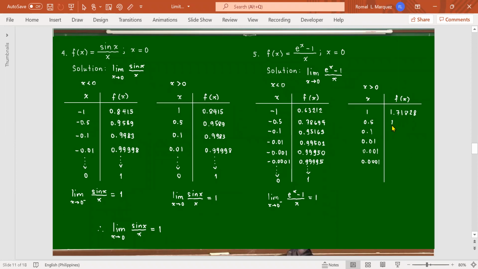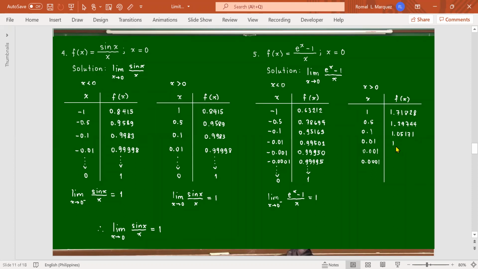Guys, still alive, guys? When x is 0.5, we have 1.29744. Okay, when x is 0.1, 1.05171. It's decreasing, no, and getting closer to 1, I think, no?